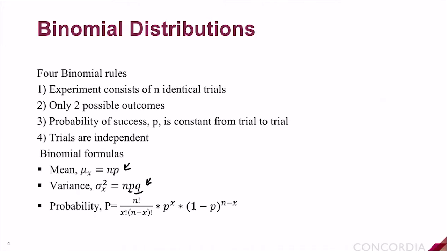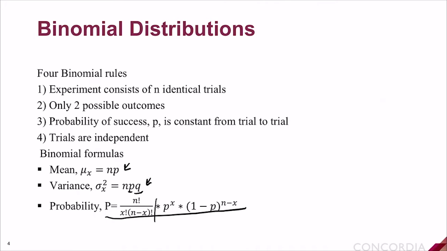And lastly, we have a formula to find the probability of any given outcome. For example, the probability of getting 3 out of 5 or 6 out of 15. We use the following formula, and the formula is broken down into three parts. The first part is the basic combination formula, where n represents the number of outcomes and x represents the number of outcomes you are looking for.